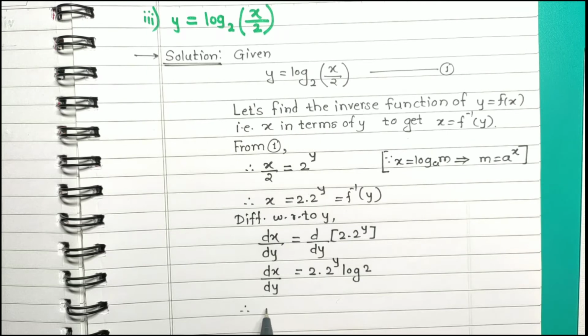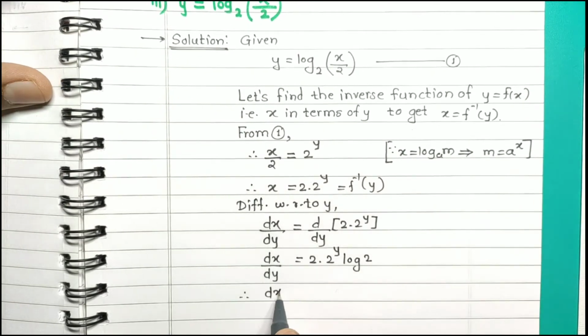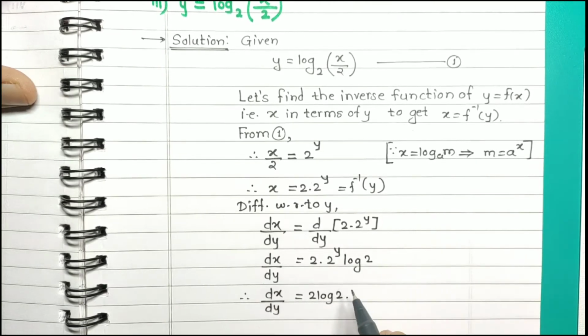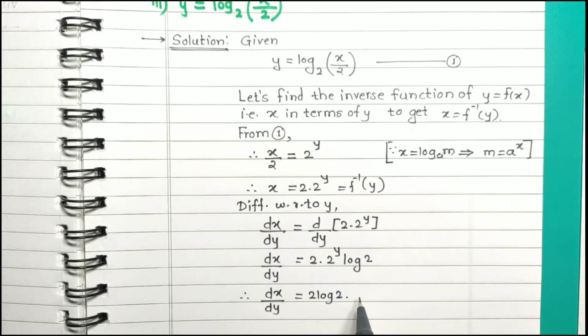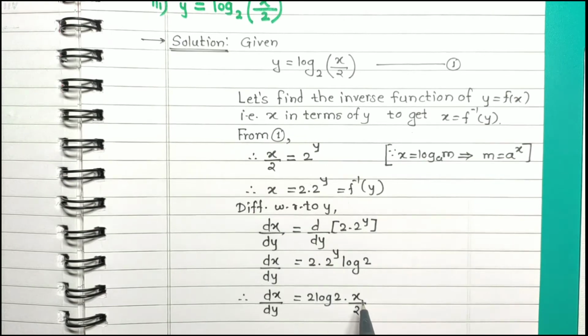So dx by dy is equal to 2 log 2 into 2 raised to y, and 2 raised to y is x by 2. Since we are replacing this 2 raised to y, we are taking reference.